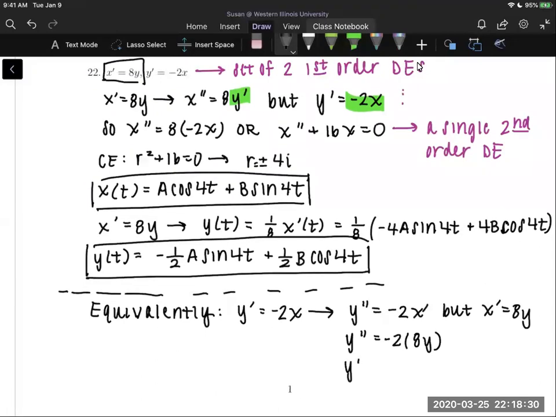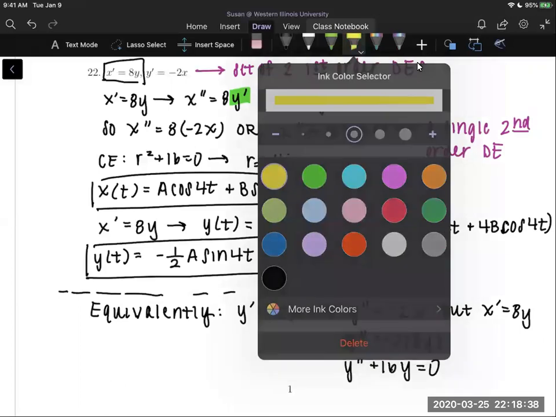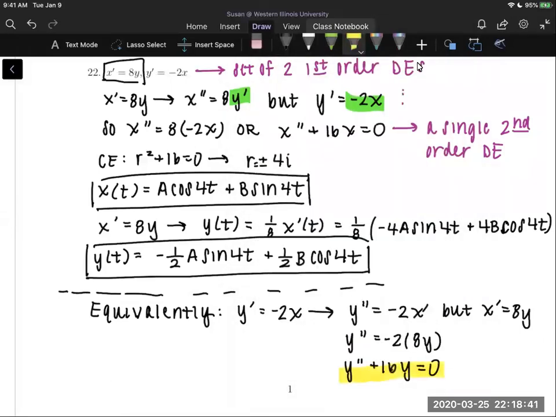And in other words, I get y double prime plus 16y equals 0. So you'll notice here the similarities between this line and up here in this line. So we're going to solve it the exact same way.